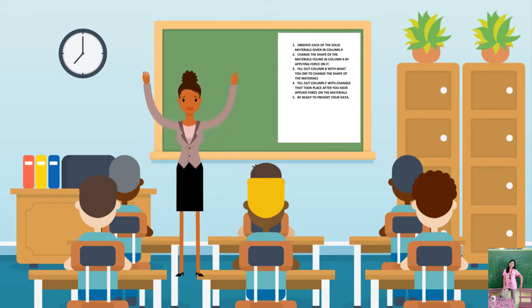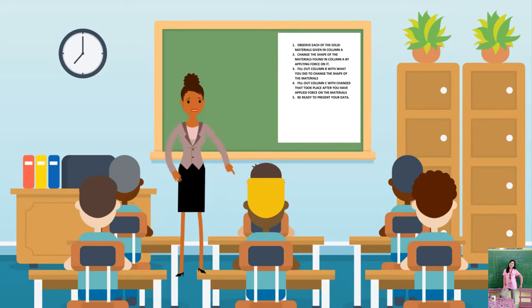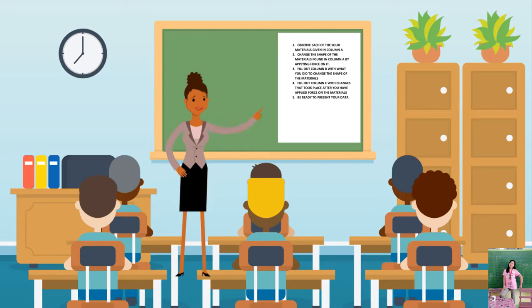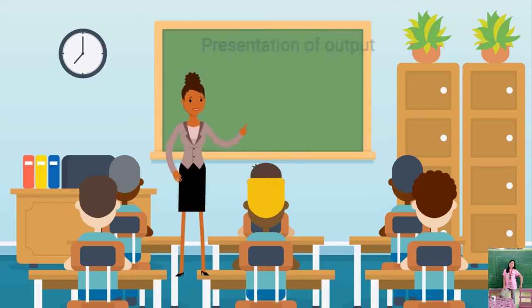Number 3, fill out column B with what you did to change the shape of the materials. Number 4, fill out column C with the changes that took place after you applied force on the materials. And number 5, be ready to present your data.